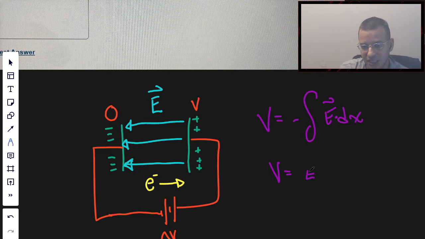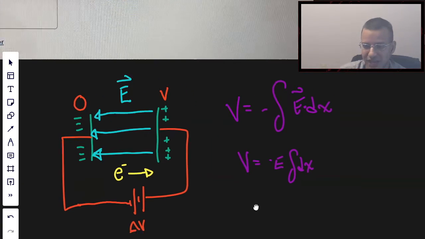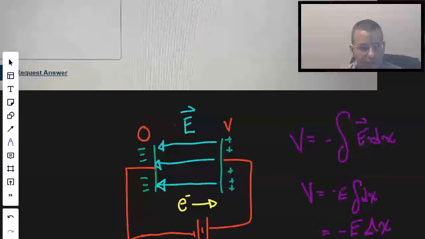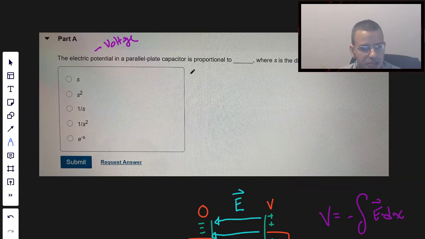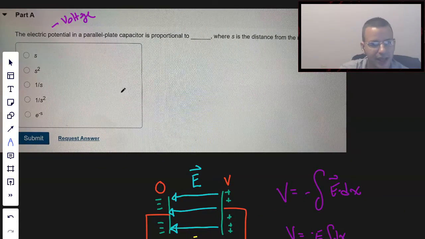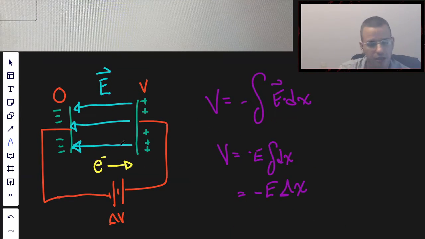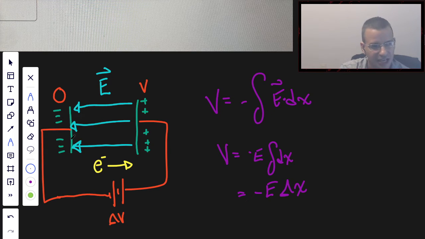So this becomes E negative delta x. The integral of just delta x is just going to be delta x. So we get negative electric field times delta x. And it's going to say the electric potential is proportional to S, the distance from the negative plate. In this case, instead of using S, I used delta x, which is the same as S.